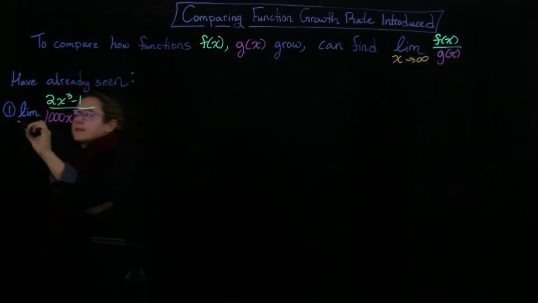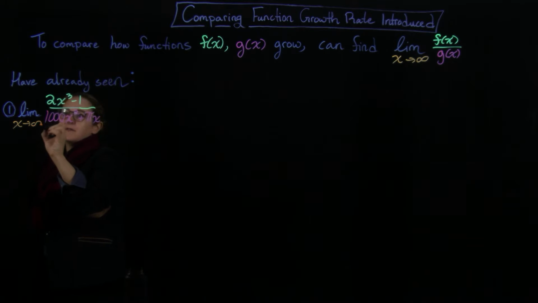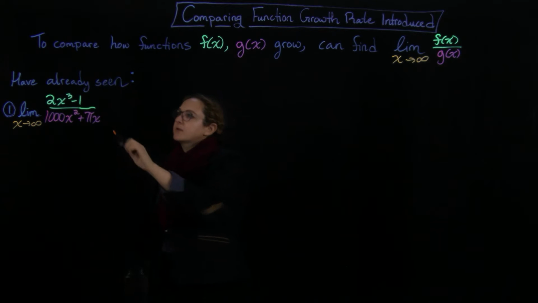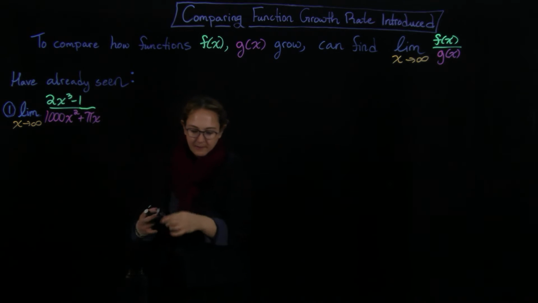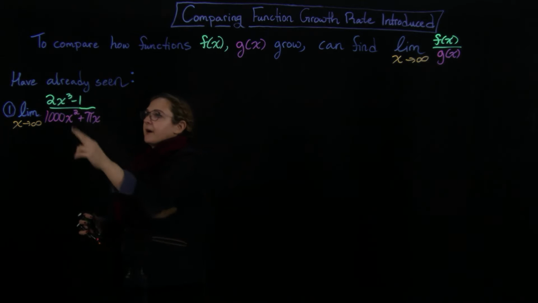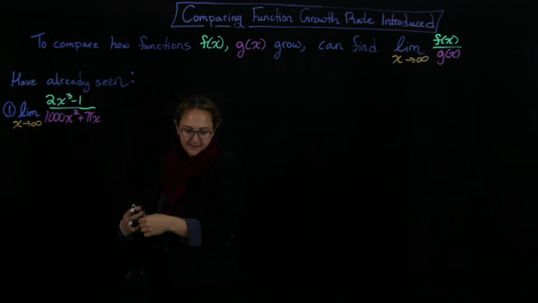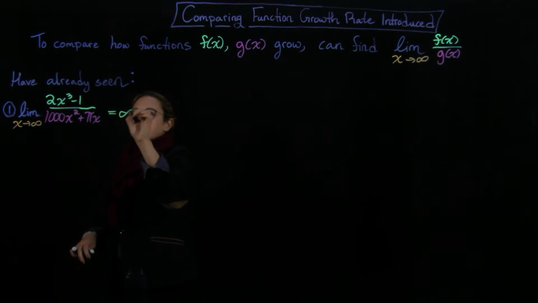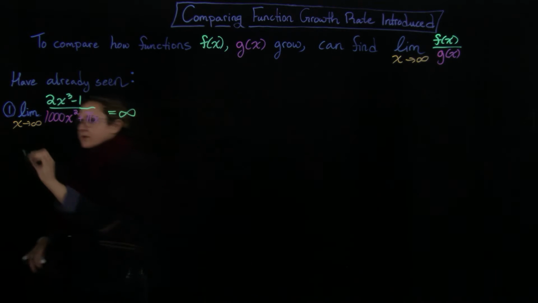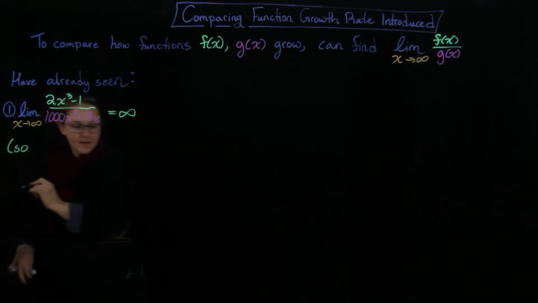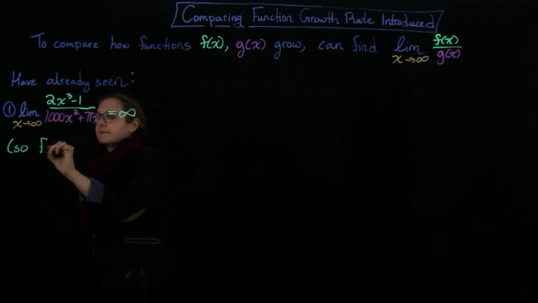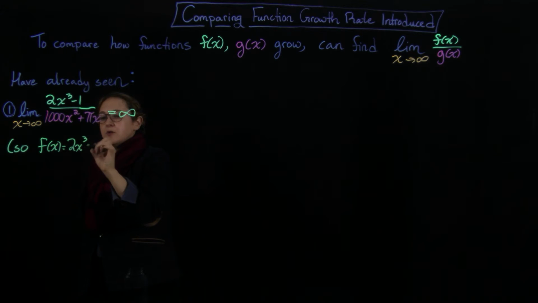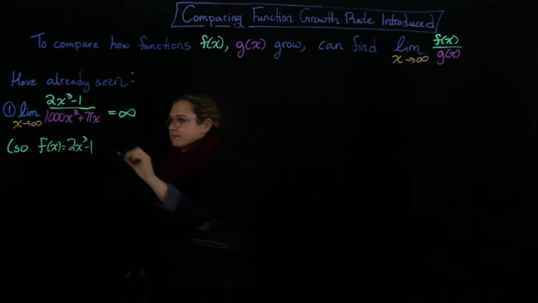So we know that if we take the limit as x goes to infinity, the degree on the top is bigger than the degree on the bottom, and the sign is positive, and so this is going to be positive infinity. So this just equals infinity, which tells me that f of x equals 2x cubed minus 1 grows faster.